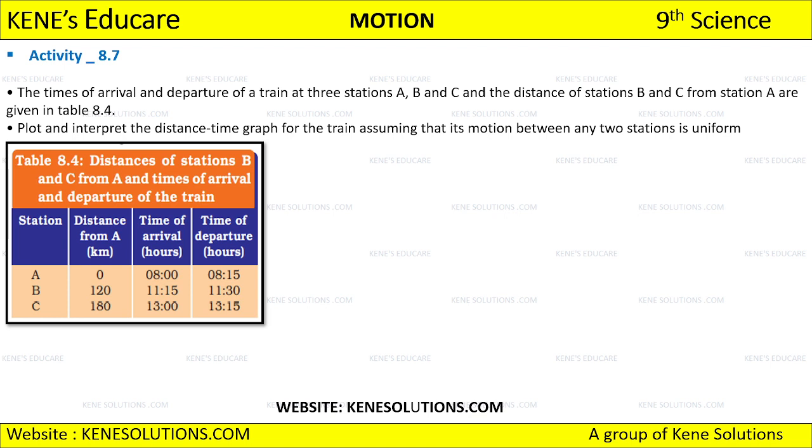So the station names are A, B and C. The distance from A in kilometers is given, and time of arrival and time of departure are given.